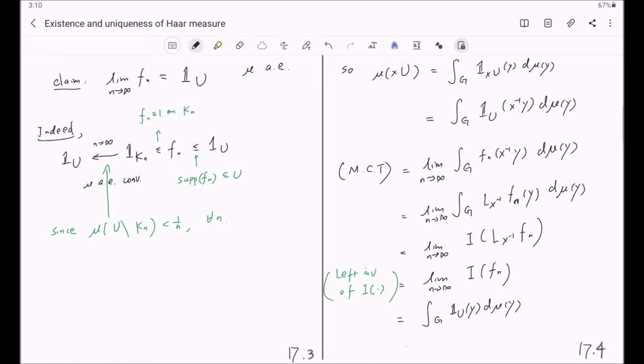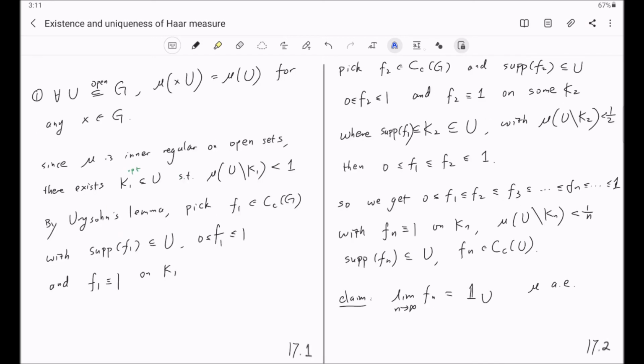And the last line gives you mu of U. So we have proved that mu is left invariant on the open subsets. Here U is any open subset. This finishes our step 1 of the proof of left invariance of this Radon measure mu induced from the Riesz representation theorem.